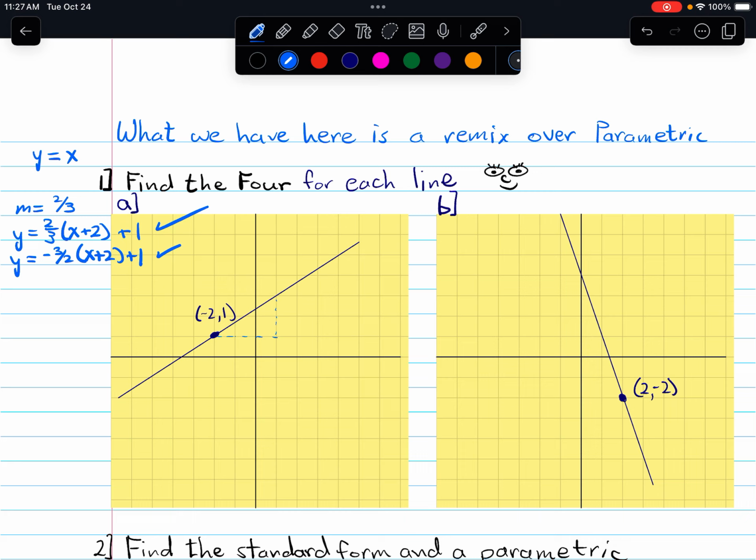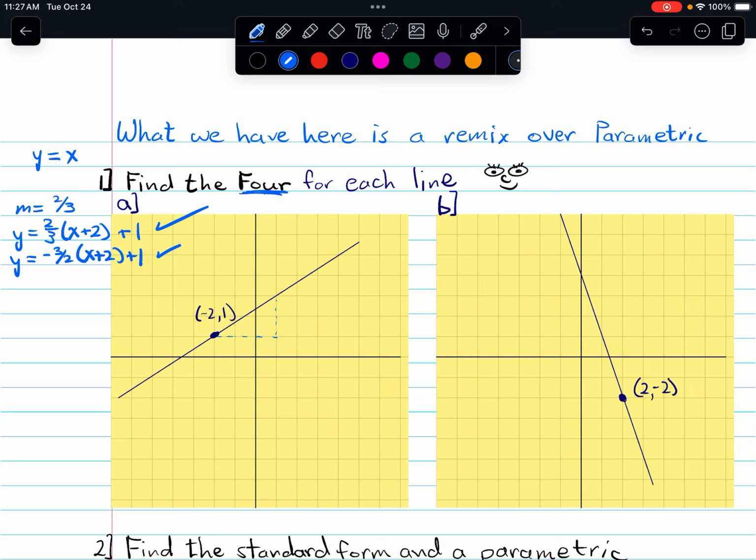Here's an equation for the perpendicular. Now, we went beyond that and we said, okay, let's get a set of parametric equations for the line and a set of parametric equations for the perpendicular line. So this makes the 4. When I say find the 4, I'm talking about an equation for the line, an equation for the perpendicular line, and then the parametrics of those.